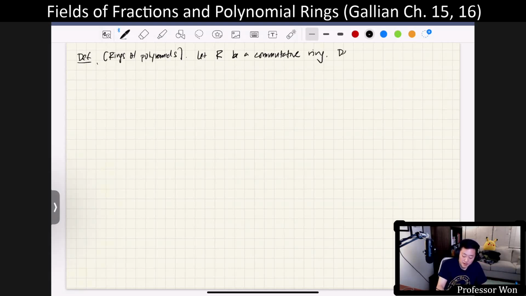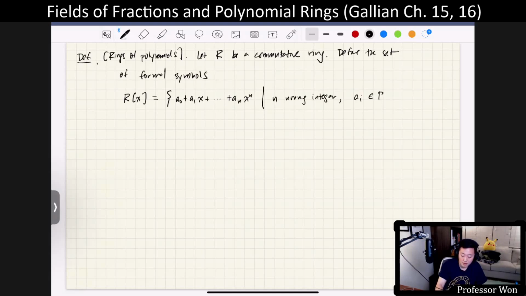Now we're going to define the set of formal symbols. R adjoin x is the set of all formal symbols of the following form: a0 plus a1x plus dot dot dot plus an x to the n, where n is some non-negative integer, and each of the ai live in R. Now, what do I mean by formal symbol?